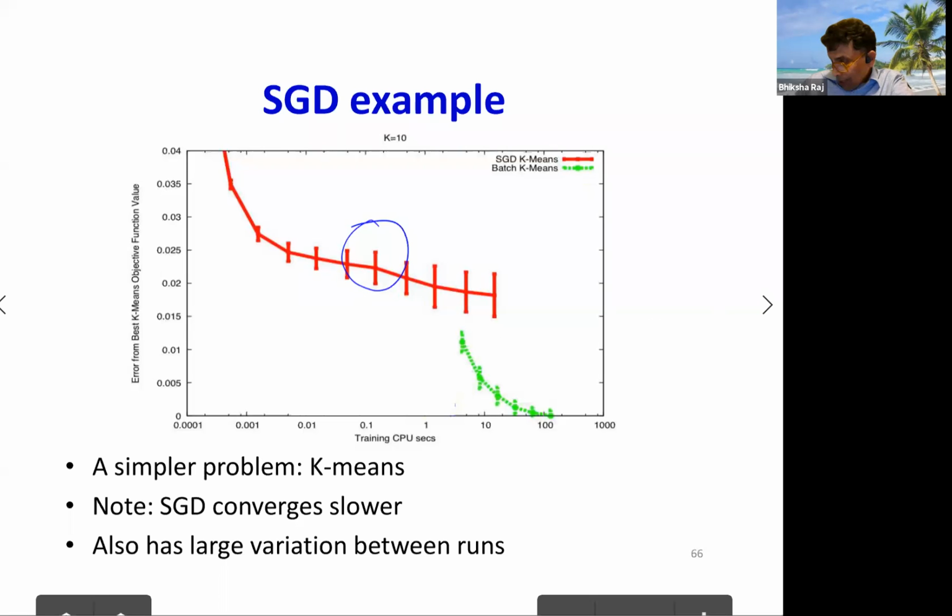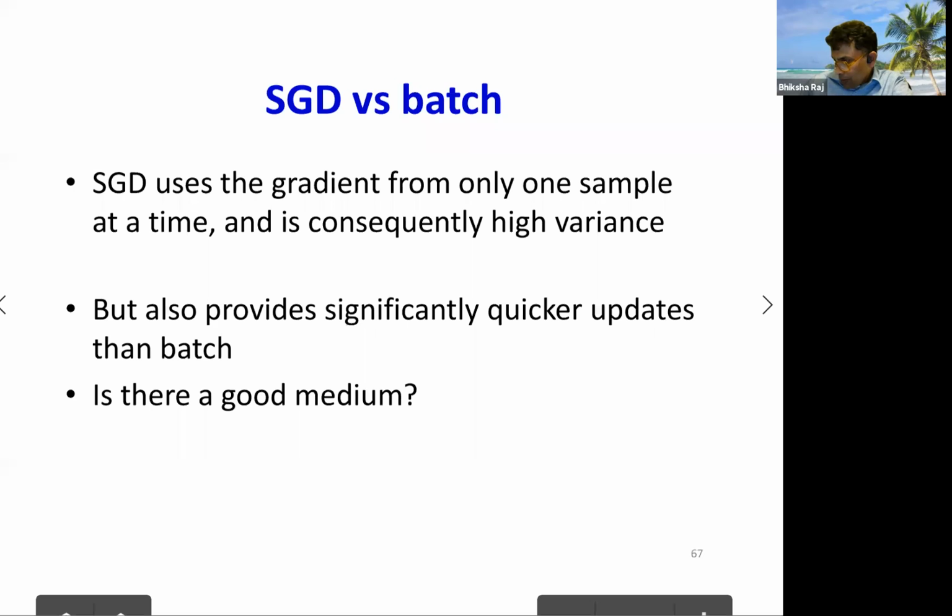Let's come up with a compromise, right? So SGD uses the gradient from only one sample at a time, and so it's consequently a high variance estimator. But at the same time, it provides significantly quicker updates than a batch, because in a single pass through the training data, it updates the model many times as opposed to the single update that we get from batch updates.